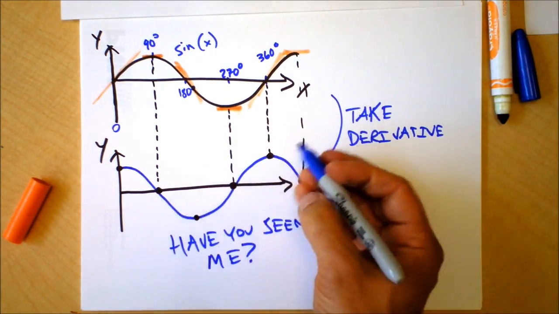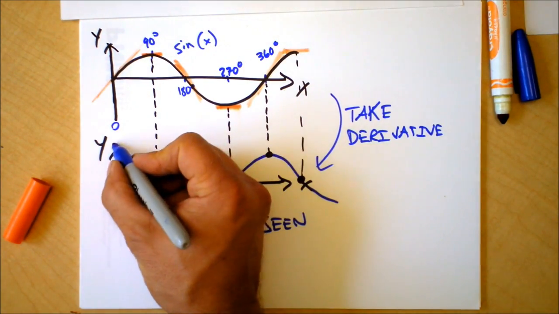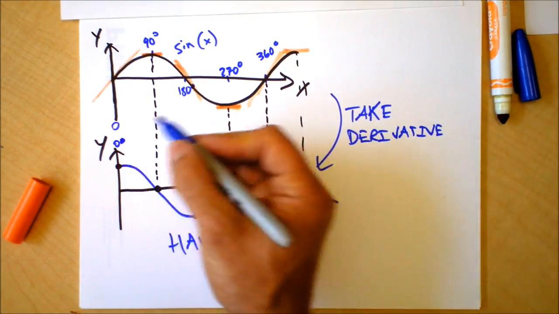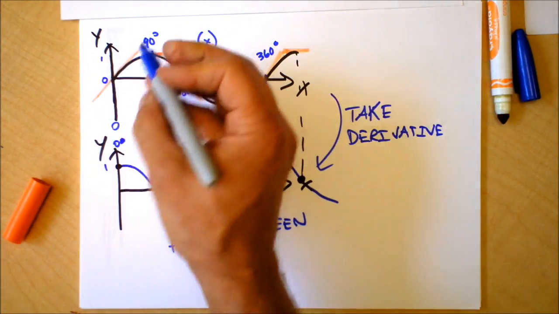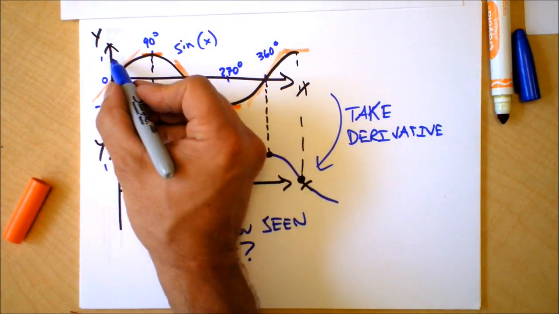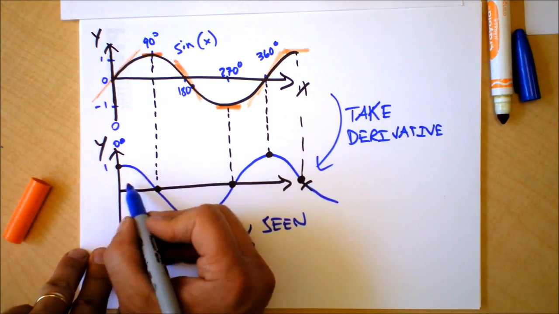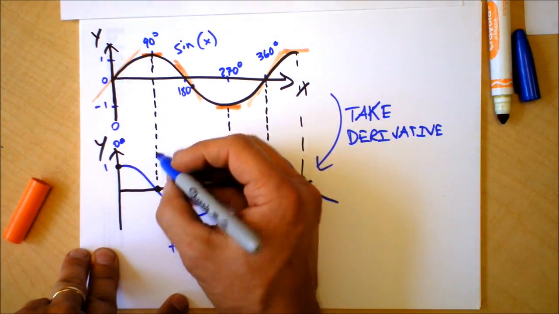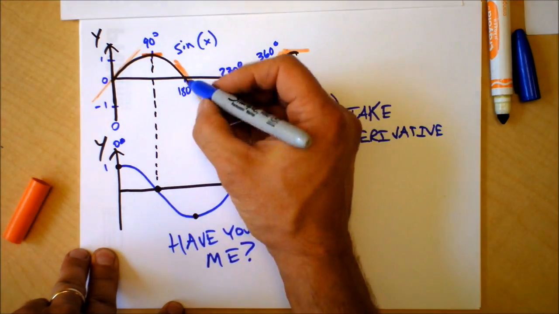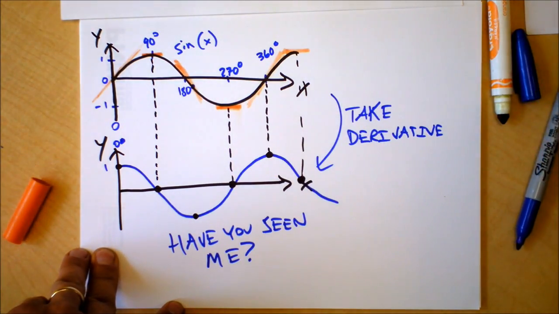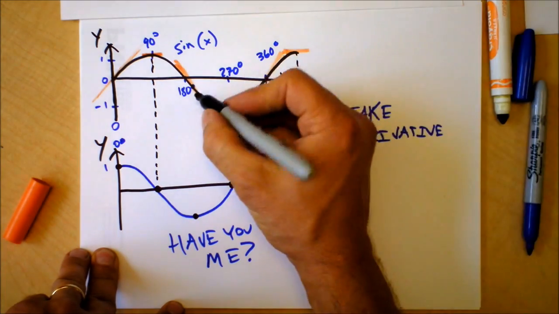Okay, let's see if we can make some sense of this. At 0 degrees, we're getting a reading of 1. This is bounded between 1 and negative 1, of course. At 0 degrees, we're getting a value of 1. At 90 degrees, we're getting a value of 0. At 180 degrees, we're getting a value. I don't have a dotted line here. Shame on me. It's terrible.